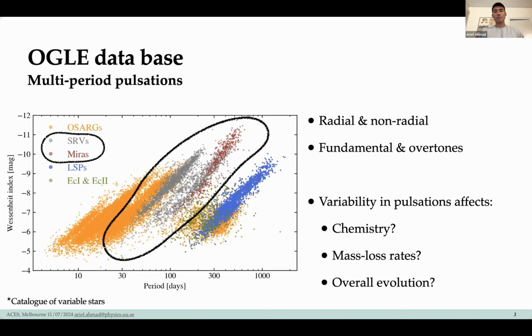And we know the dust formation process is related to the pulsations, of course, and this directly affects the mass loss rates. And the pulsation modes being displayed can also tell you about its evolution along the AGB, or in general, its process in the stellar evolution.